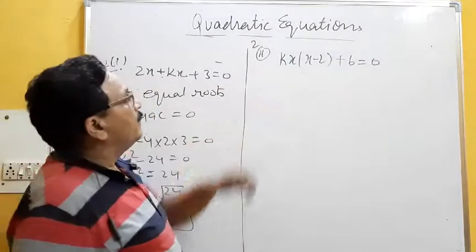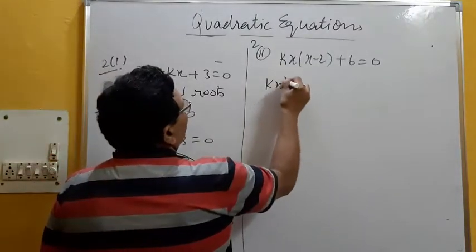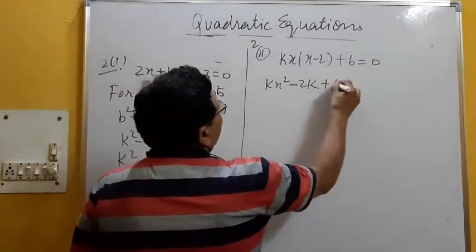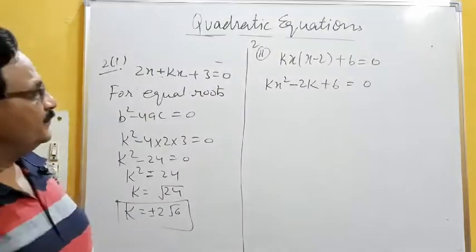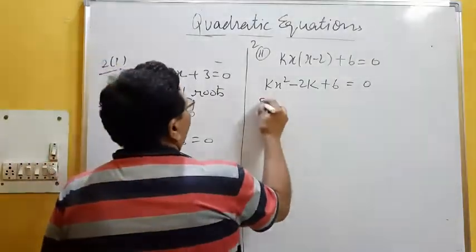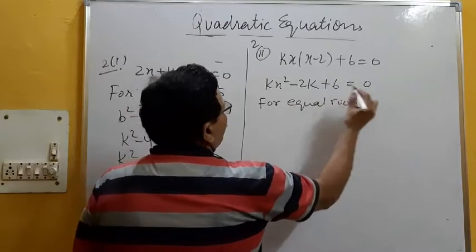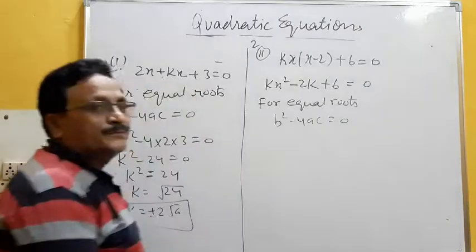Now children, see the second part. First you open the bracket, kx square minus 2kx plus 6 is equal to 0. Itself it is coming quadratic. Now for equal roots, b square minus 4ac is equal to 0.